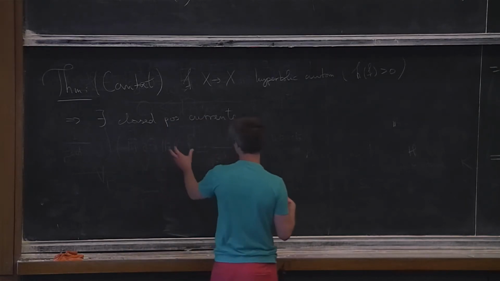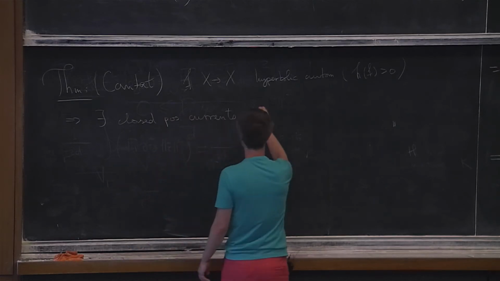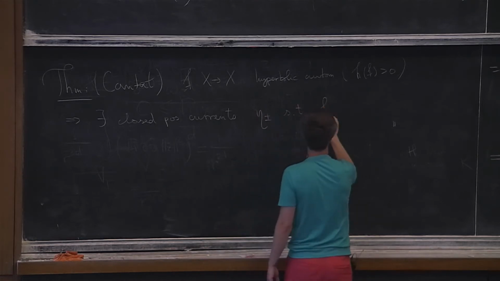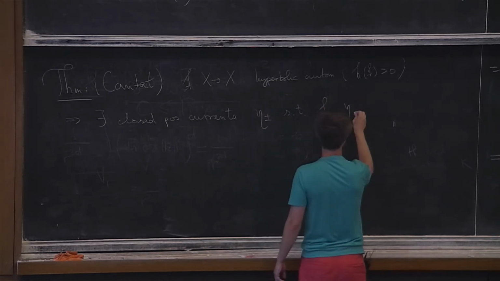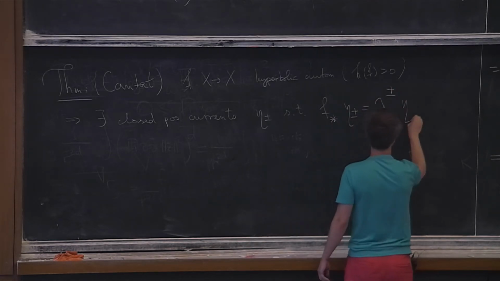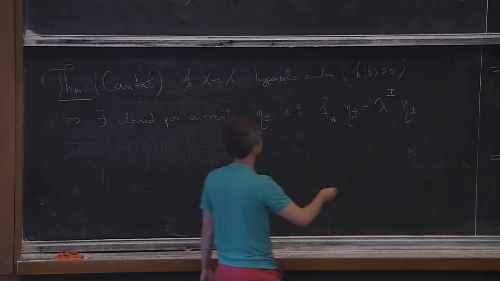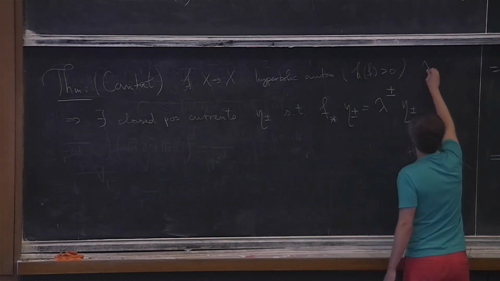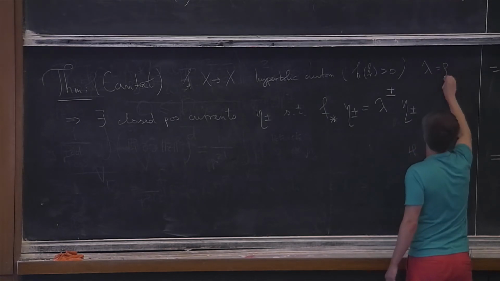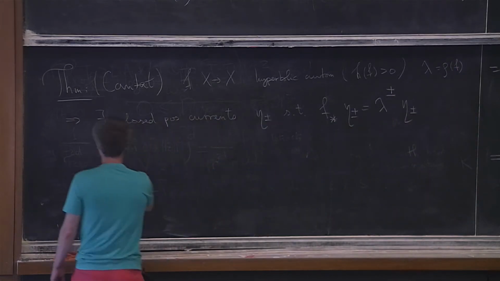I'll explain what positive means. We call them eta plus and eta minus, such that if you apply the dynamics to one of them, it scales by the eigenvalue lambda, which is rho of f. So this is the first fact.